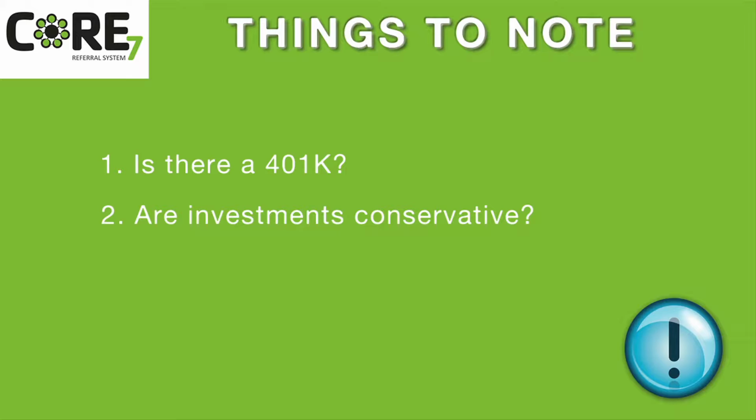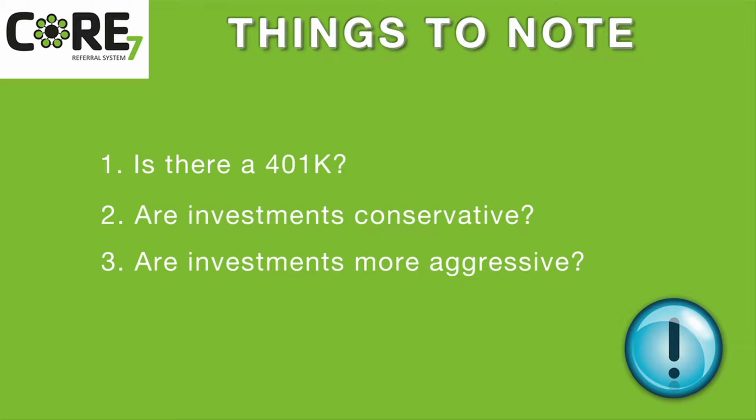Are all their investments conservative, for example, savings accounts, money markets, or CDs? Are their investments more aggressive, like mutual funds or individual stocks? Are they a risk taker or very conservative? Is their money managed or do they do their own investing?